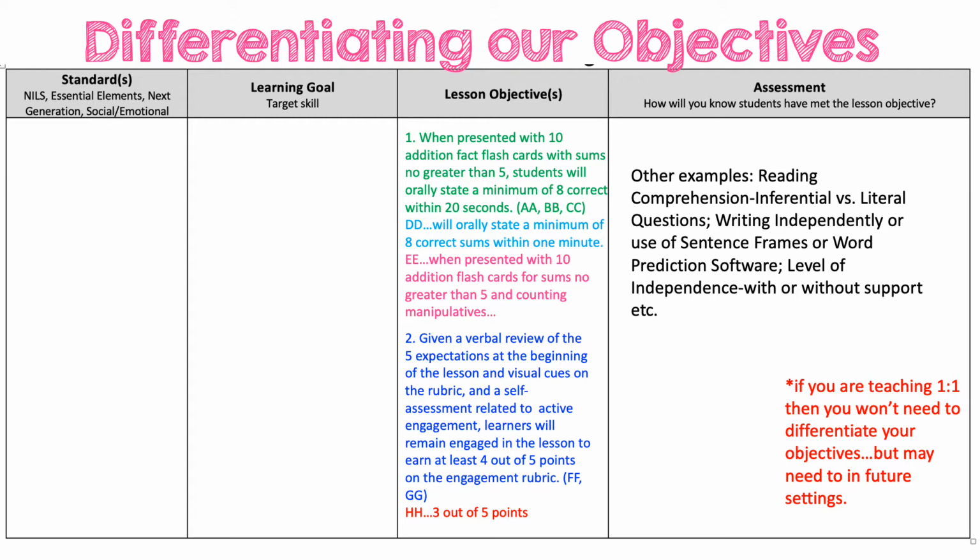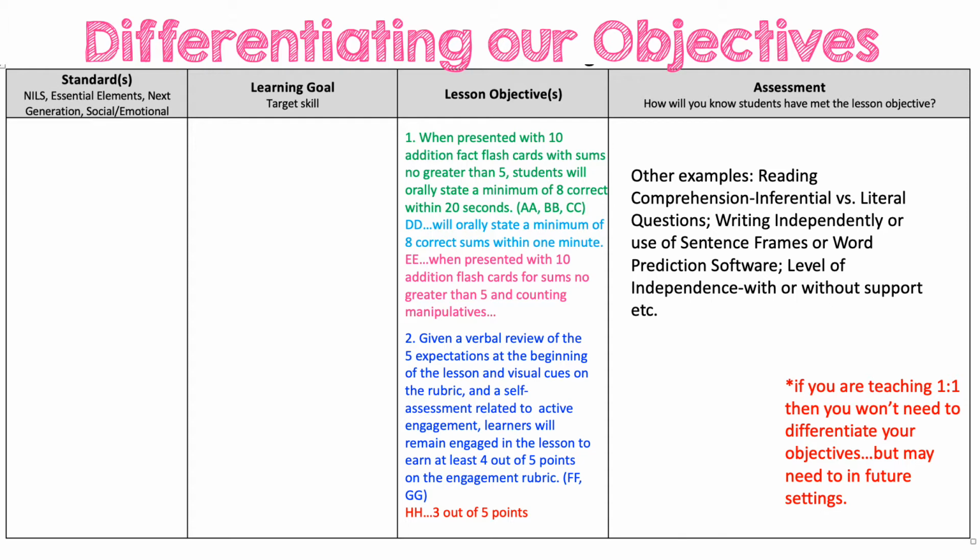Notice now that we have a number 2 next to the next objective. This is where you will include an objective for any of your learners that require additional social emotional supports. Here is an example. Given a verbal review of the 5 expectations at the beginning of the lesson and visual cues on the rubric, along with a self-assessment related to active engagement, learners will remain engaged in the lesson to earn at least 4 out of 5 points on the engagement rubric.